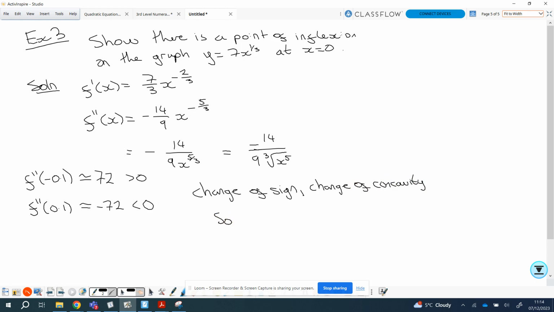So we have a point of inflection at x equals 0. Okay, so let's show that example as well. You all good with that?